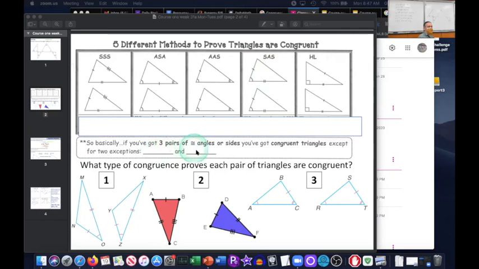So there's 2 other combinations of letters that isn't up here. Does anybody think they know what combinations of the letters S and A are not one of the 5 choices? So we have 3 S's, we have an ASA, we have an AAS, and we have an SAS.